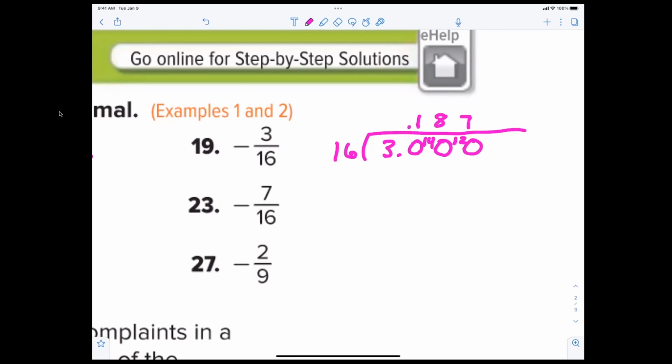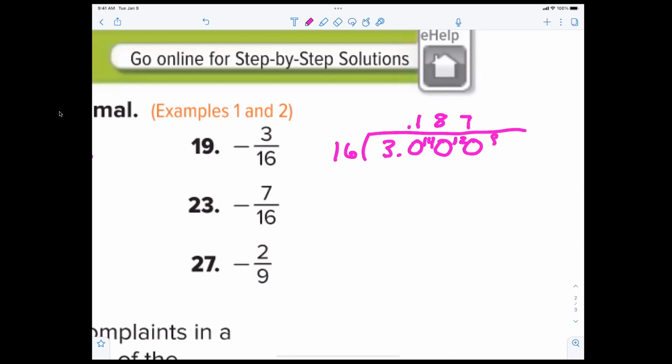And that's going to be 7 times 10, 7 times 6, 70 plus 42, 112. So how much is left over?